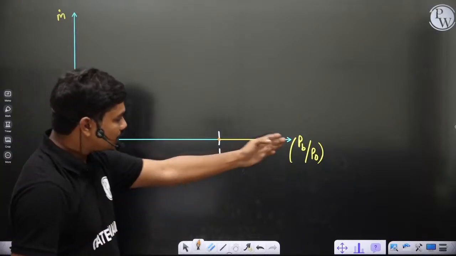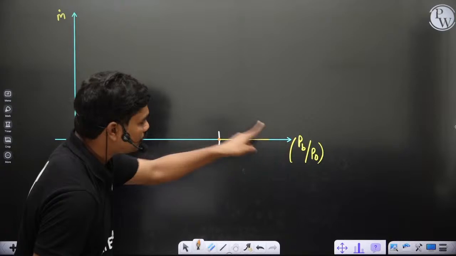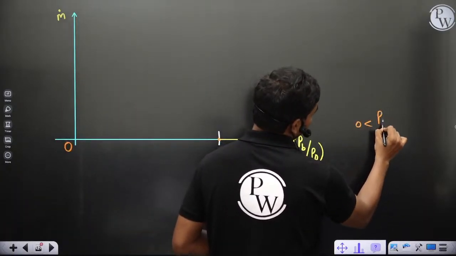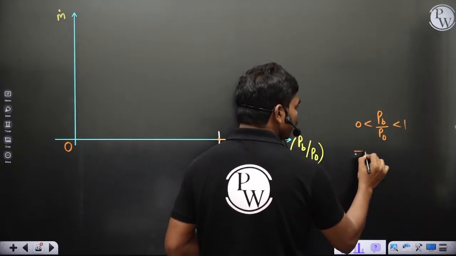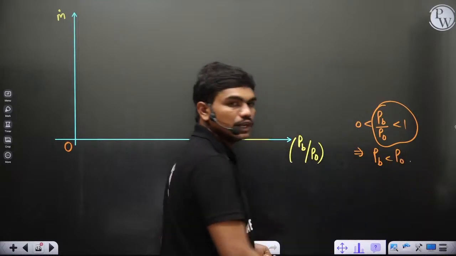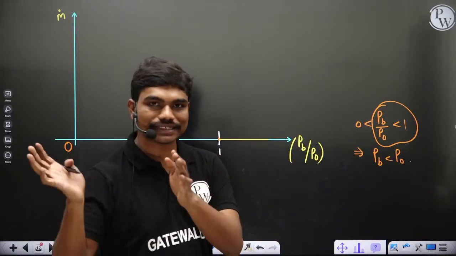But as this value comes below 1, for any value between 0 and 1, that is 0 less than PB by P naught less than 1, PB is less than P naught, so you always have a flow in the converging nozzle.